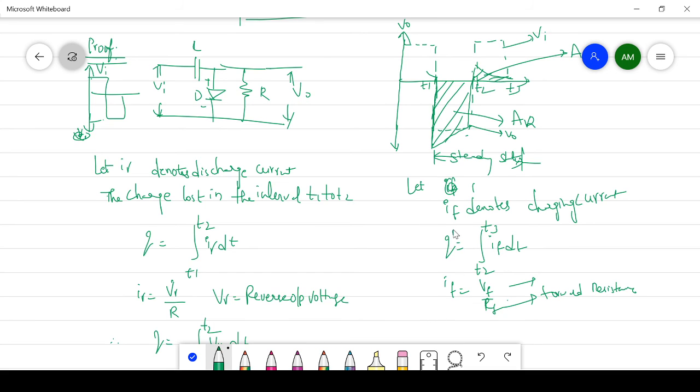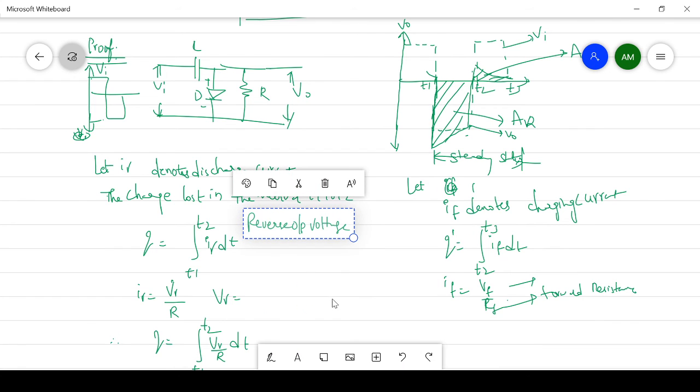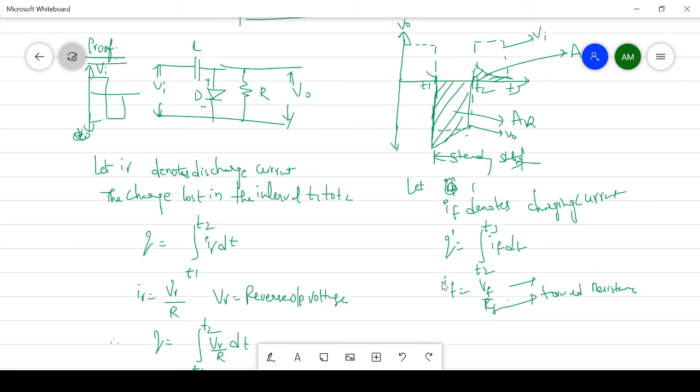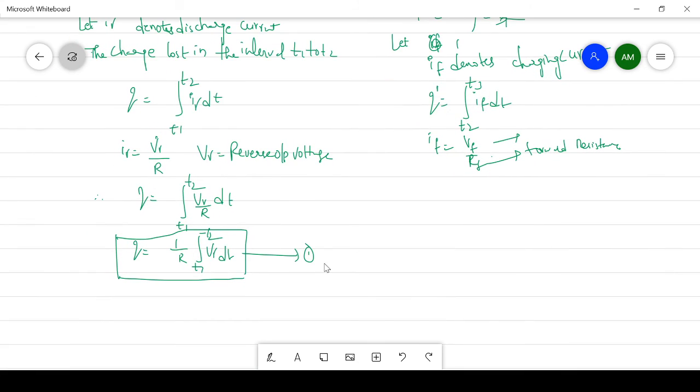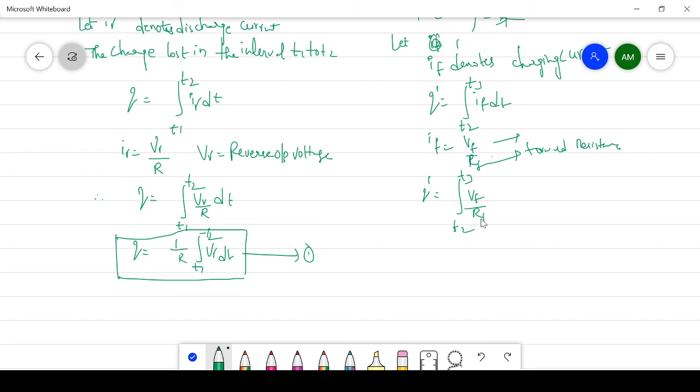So Q dash is equal to the integral from T2 to T3 of VF by RF dt, which is 1 by RF times the integral from T2 to T3 of VF dt. This is equation 2.